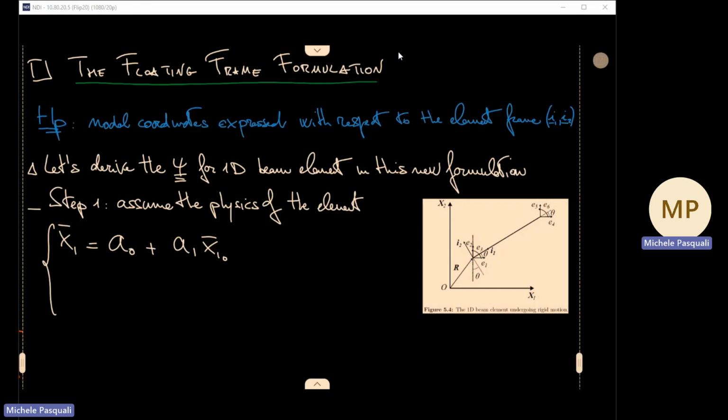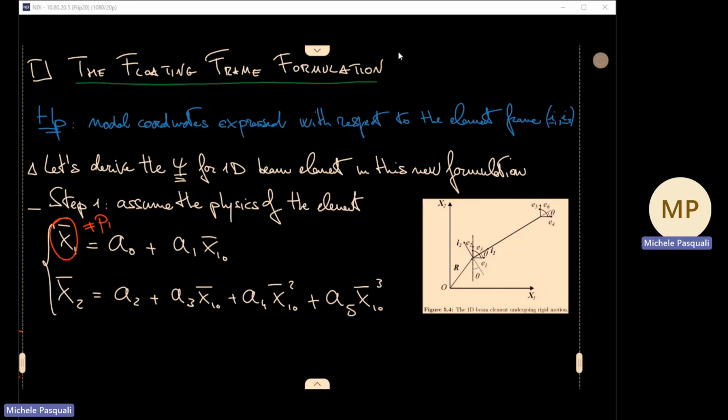So please check that this is not P1, okay? And then X2 over bar is A2 plus A3 X10 plus A4 X10 squared plus A5 X10 to the third. So this is, again, the Euler beam model.